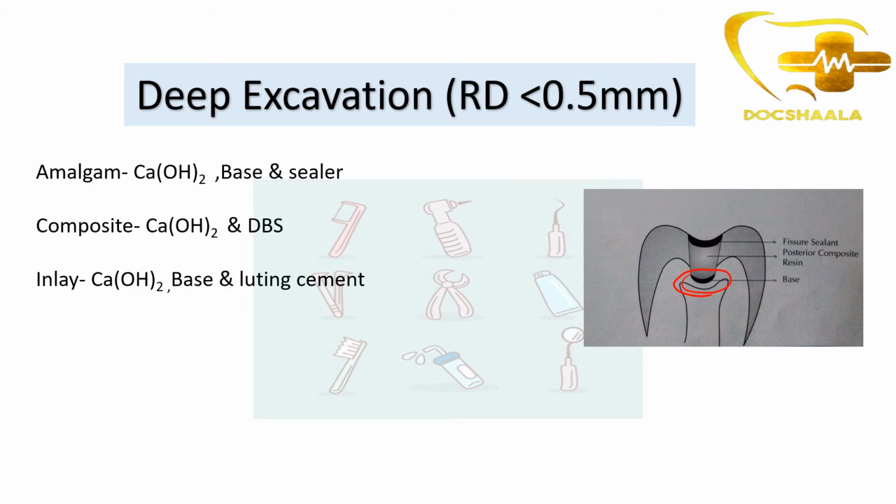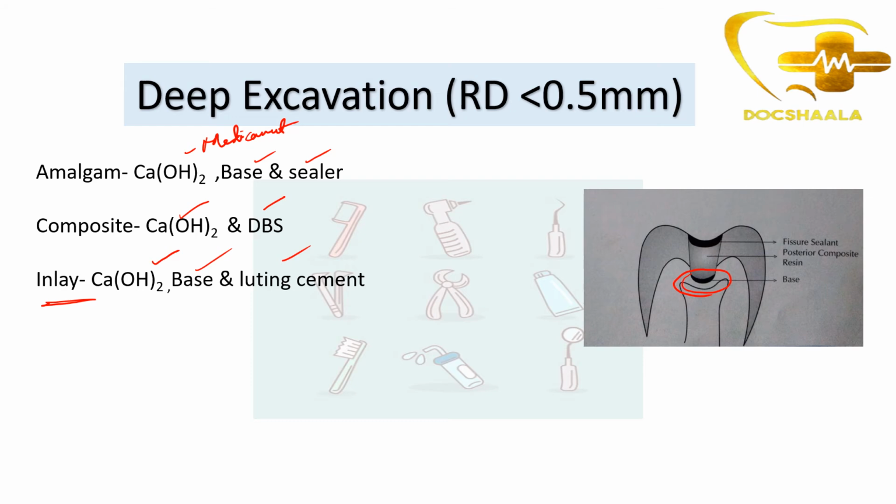When we are using an amalgam restoration, we use calcium hydroxide as medicament, and we use a base and sealer. Then for composite, we use calcium hydroxide and dentin bonding system. When we are preparing an inlay, calcium hydroxide, base and luting cement. So from this what we have understood is we use luting cement when we are applying a base.